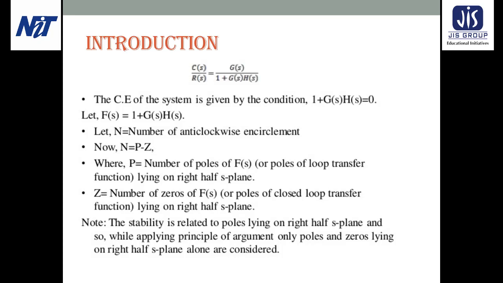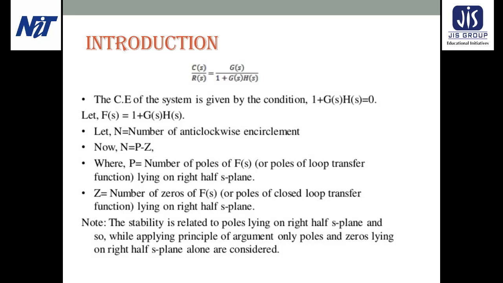Now, in the frequency domain, instead of a standard test signal, we use a sinusoidal wave, and generally the sinusoidal test signal is given by r(t) equal to A sin omega t, where A is the amplitude of the signal.